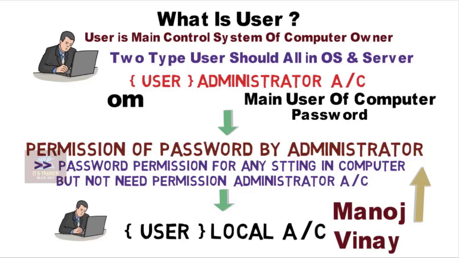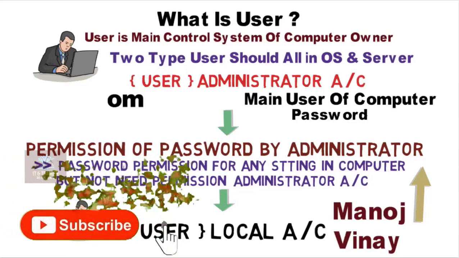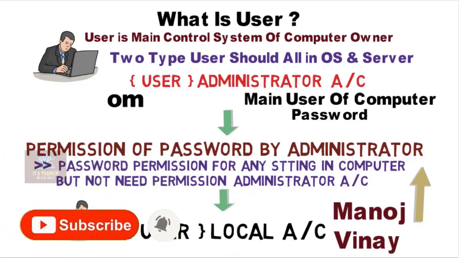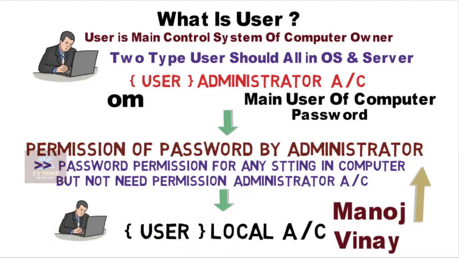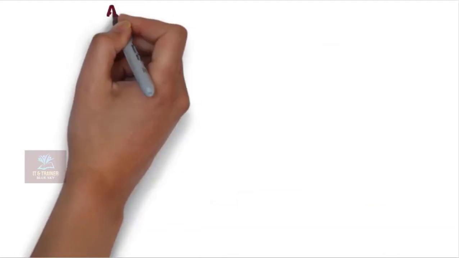Okay, so first understand that the administrator account is the first and highest-level type of user ID, the main user of the computer, and do not share your administrator account password.